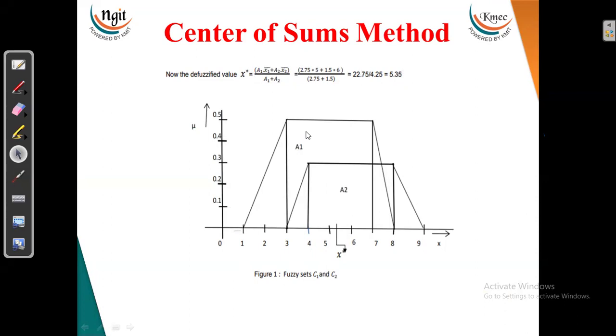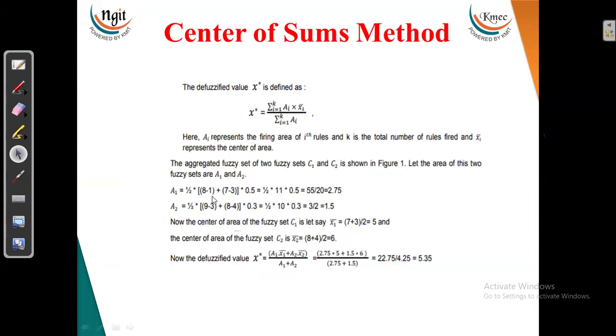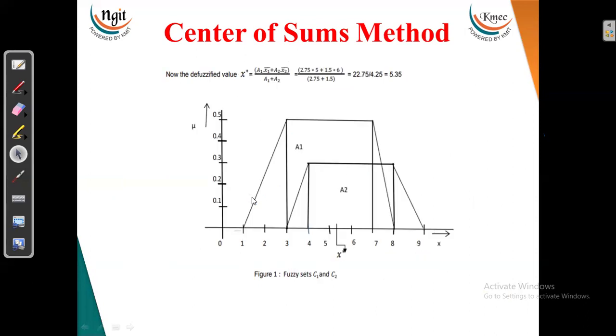Now let's see how we have calculated it. If you see this formula, A1 equals half into (8 minus 1 plus 7 minus 3) into 0.5. Let me show you how we got these values. For the area of A1, if you see the last line, it is 8, so 8 minus 1.